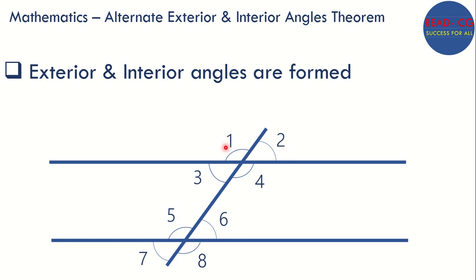Here angle 1, angle 2, angle 3, angle 4, angle 5, angle 6, angle 7, angle 8. Totally we have all 8 angles. So here two parallel lines are present.